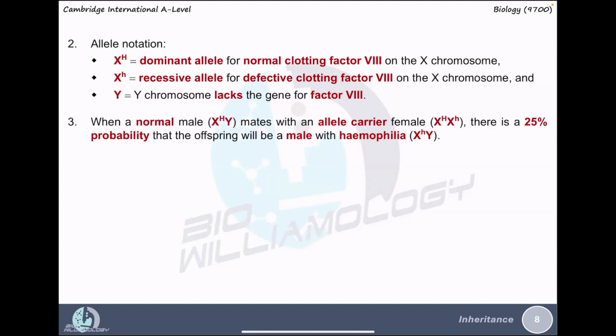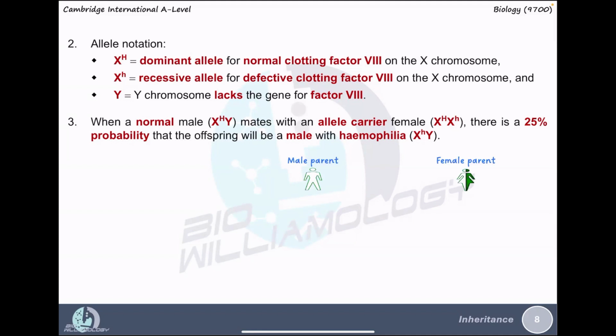So when a normal male, X capital H, Y, mates with a carrier female, heterozygous X capital H and X lowercase h, there is a 25% probability that the offspring will be a male with hemophilia, with the genotype X small h, Y. So let us look at the inheritance pattern.